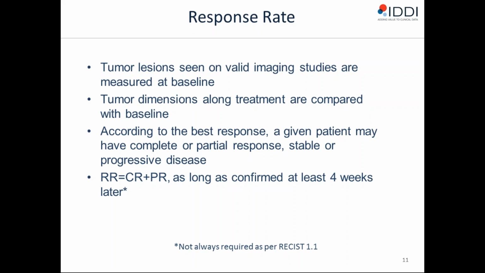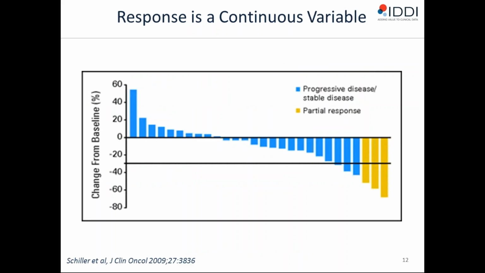RECIST will specify a maximum number of lesions per organ or per patient, and then the tumor dimensions along treatment are compared with those obtained at baseline, and then according to the best response from a patient is classified as having complete or partial response or stable or progressive disease. And what we call the response rate, of course, is the sum of the proportion of patients achieving CR plus PR, and most of the times as long as this is confirmed at least 4 weeks later.